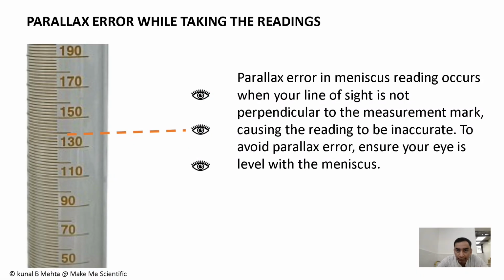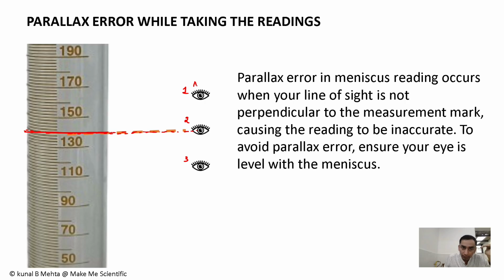Now let's look at some of the errors that we can make while taking the observations of the volume in the measuring cylinders. Suppose the level of liquid is till this red dotted line, then this is position number 1, position number 2, position number 3 of the eye. The eye has to be exactly in alignment with the level of the liquid.